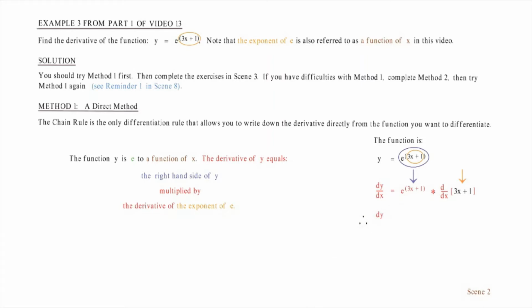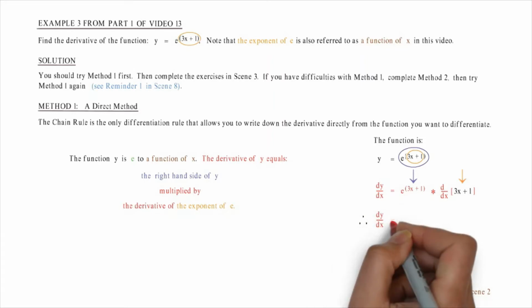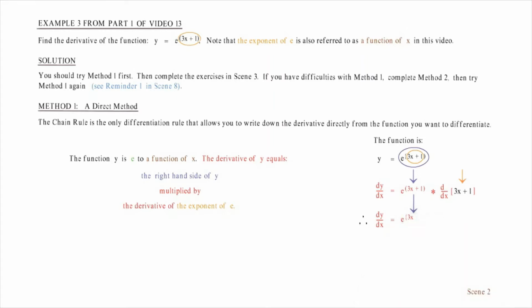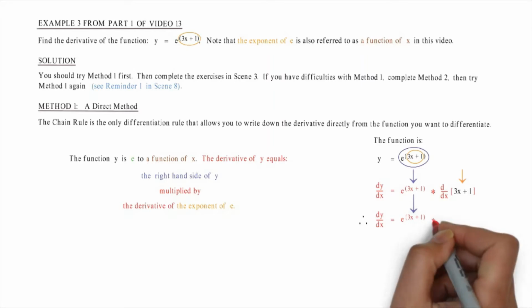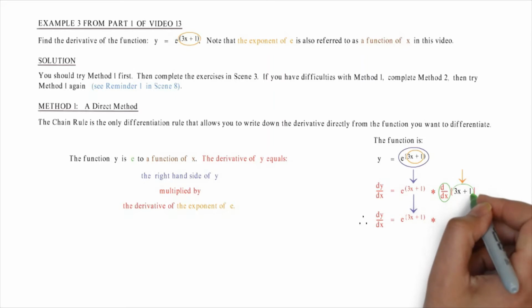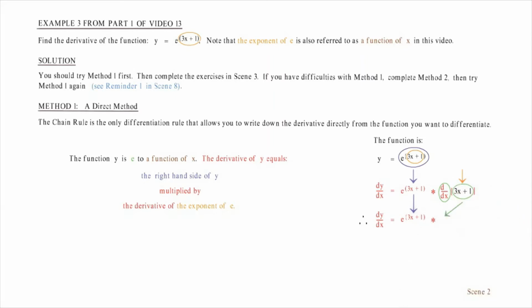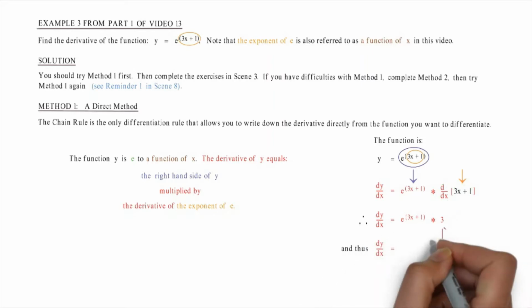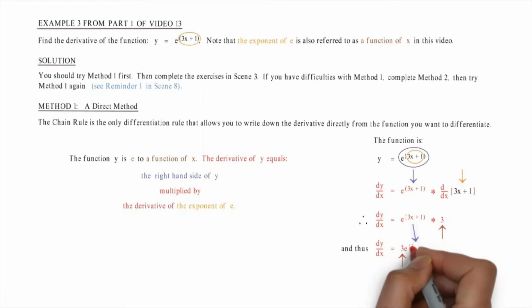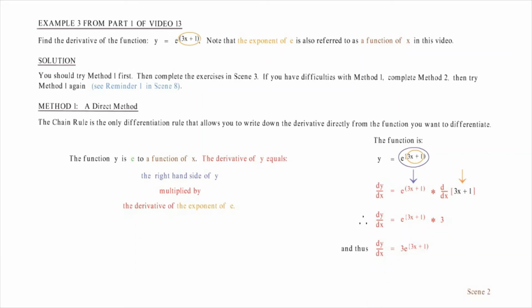Therefore, dy by dx equals bring down e to the 3x plus 1 times d by dx of 3x plus 1, which is 3, and thus dy by dx equals move 3 to the front. 3, now bring down e to the 3x plus 1.